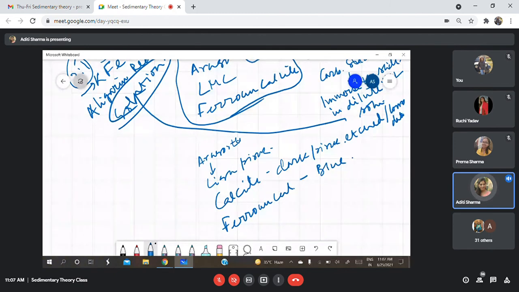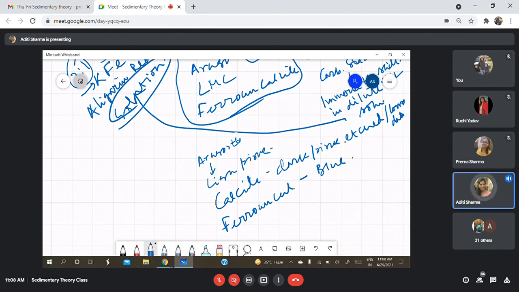That helps us identify which carbonate mineral I am seeing.